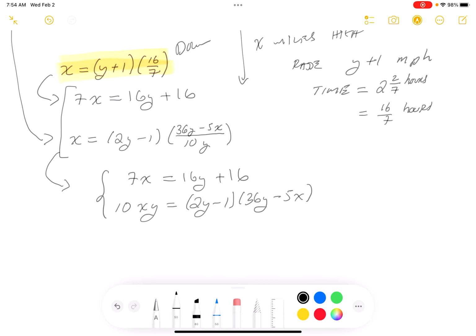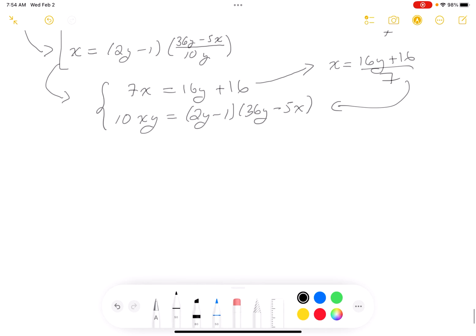Okay, what am I going to do now? I got to do something. And what I'm going to do is make a substitution now. And certainly, I'm hoping it goes smoothly, but I'm going to now solve this for x. And what do you get over here? 16y plus 16 over 7. I'm going to plug this in over here.